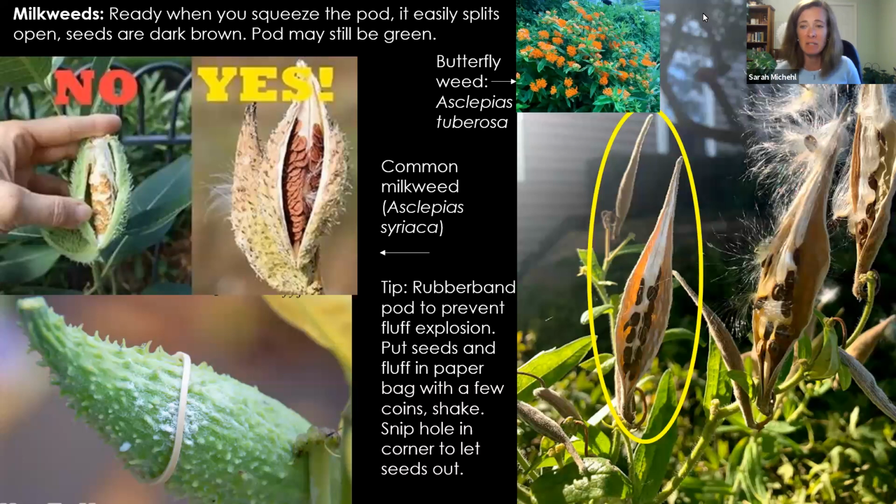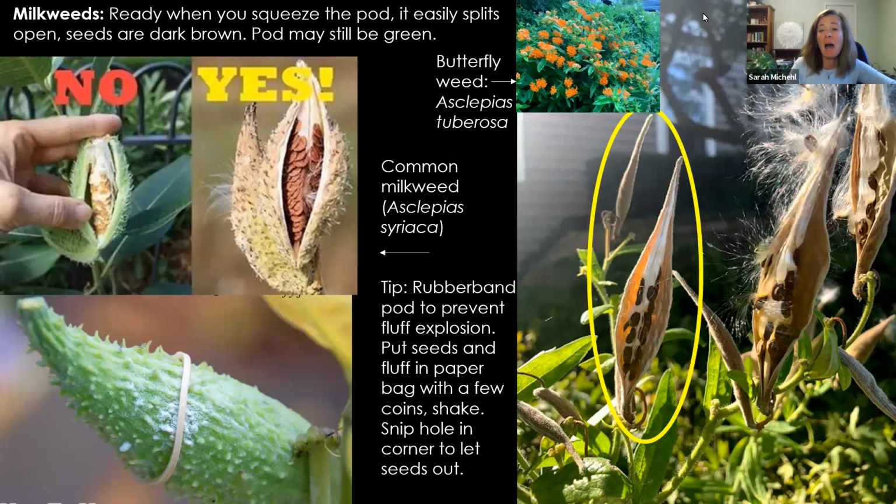All right, so let's dive into the different family groups now. And once you start learning about these plants, you're going to notice patterns and similarities. So all the milkweeds form some kind of a pod.